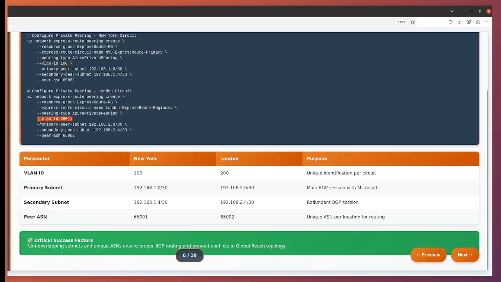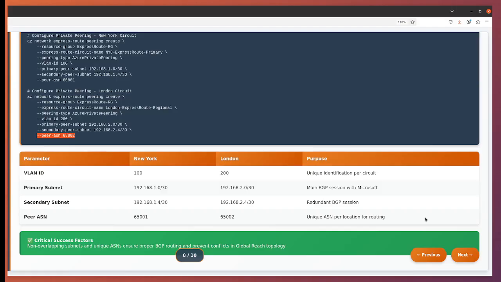Notice we're using private ASN 65001 for New York and 65002 for London. These ASNs will be used in BGP routing and must be unique across your global reach topology. The subnet choices ensure no IP overlap between locations, which is critical for successful global reach operation.